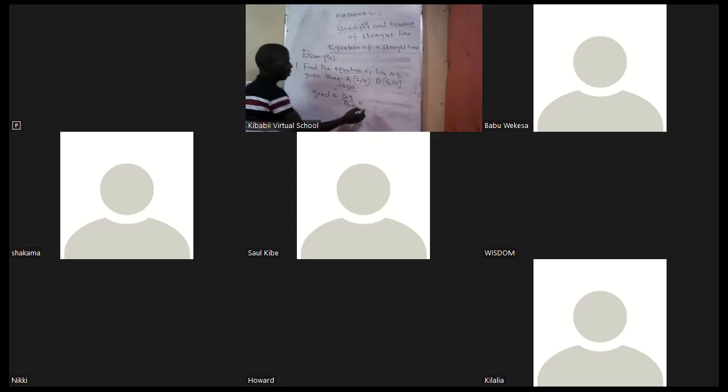So if you call this one x1, this one is y1. You call this one x2, this is y2. So I want you to get the gradient of line AB, the change in y over the change in x. So that is 10 minus 4, all over the change in x, which is 6 minus 2.